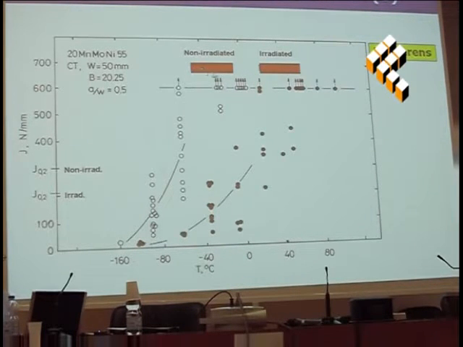And this gives the prediction of the transition curve, of the transition temperature. And the prediction is not a single temperature, but it is a variation, due to the scatter we have in the material properties.